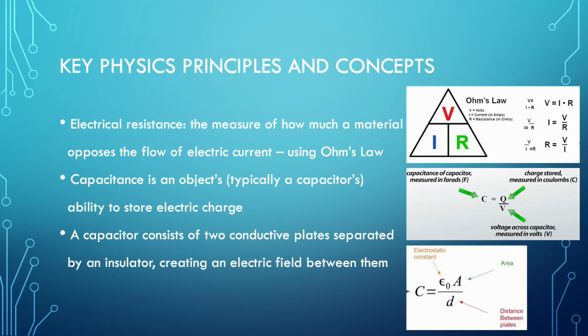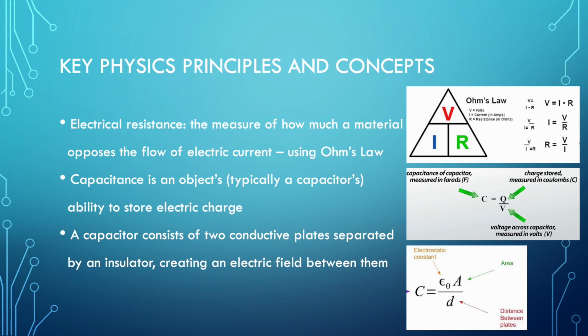Electrical resistance is the measure of how much a material opposes the flow of electric current using Ohm's law, as shown here to the right. And this formula will be used in this lab, V equals IR, and derivations of this formula as shown. Capacitance is an object's ability to store electric charge, and the formula for that is C equals Q over V, where Q is charge and V is the voltage across the capacitor.